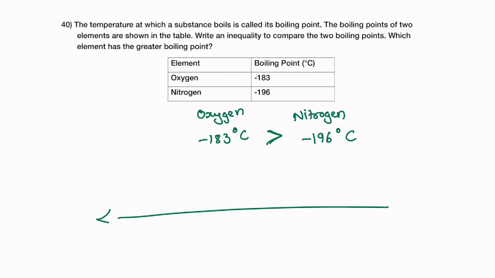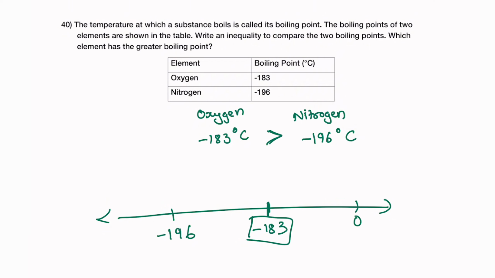Like if we make a number line here, that's 0 and we have two numbers, randomly putting them, no units. Which one will I write where? I will write minus 183 and I'll write minus 196 here. So of course this number is bigger compared to the other one, because it's negative numbers. So I have my inequality sign already there.